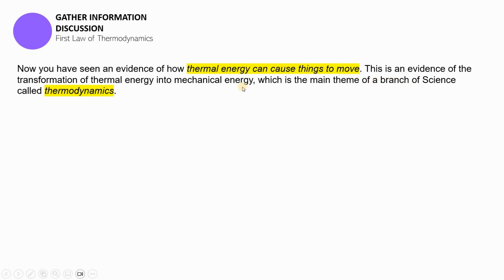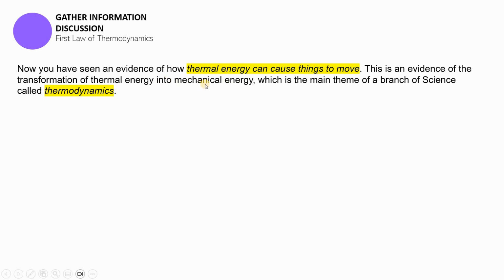This is an evidence of the transformation of thermal energy into mechanical energy, since the heat from the thermal energy the source has becomes mechanical energy, and this was made possible by the spin of the coil of paper.